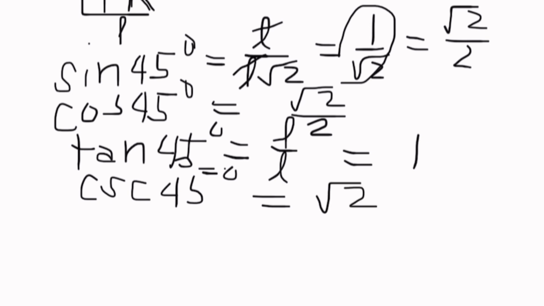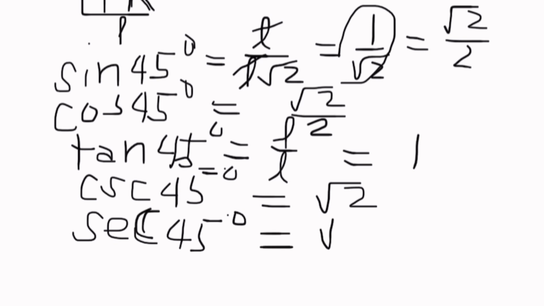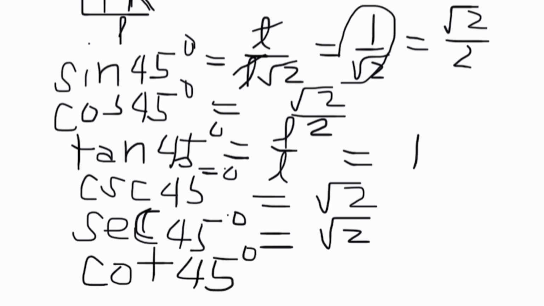And secant is just the same, secant of 45 degrees is also square root of 2. And the last one, cotangent of 45 degrees is also equivalent to 1, which is the reciprocal of 1. So reciprocal of 1 is 1.